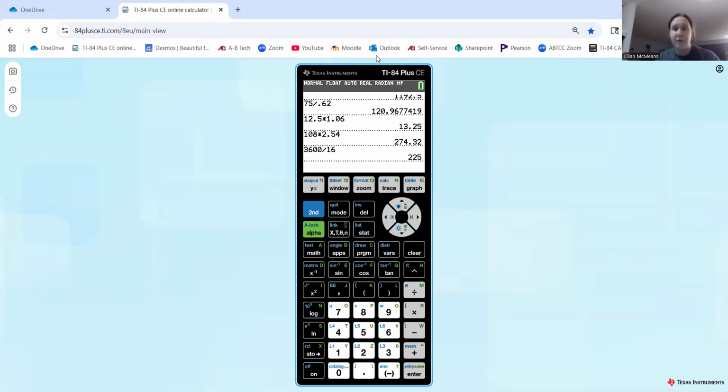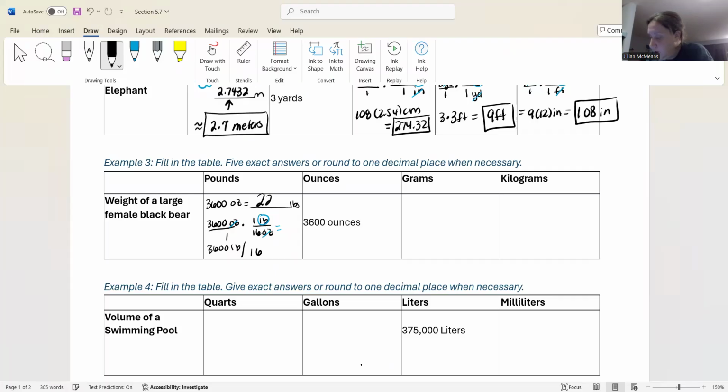So a female black bear is 225 pounds according to our numbers. Now let's convert 225 pounds to kilograms. Kilograms and pounds are sort of sister conversions. They're not the same at all, but they're similar within the two measurement systems.